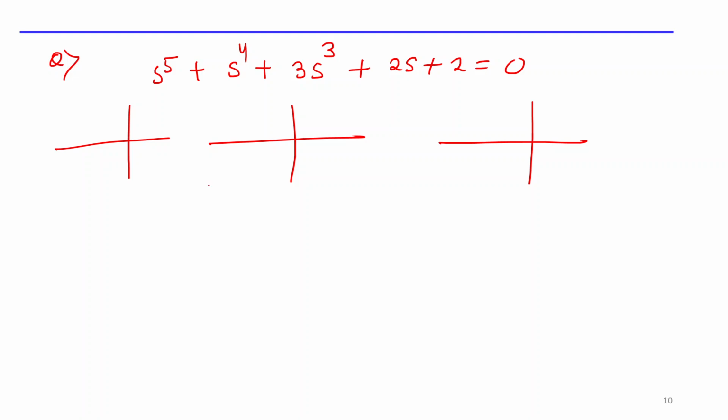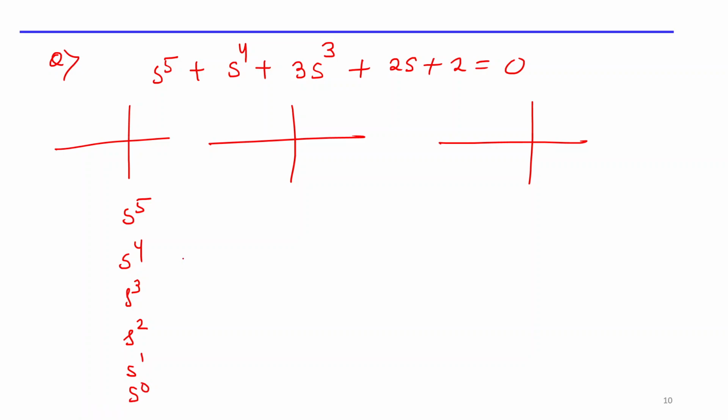How do you solve this question? You have to immediately apply the RH criterion, because you have to find out how many poles lie on the left hand side and how many lie on the right hand side. Let me quickly do the RH criterion for this. S to the power 5, S to the power 4, S cubed, S squared, S to the power 1, and S to the power 0.